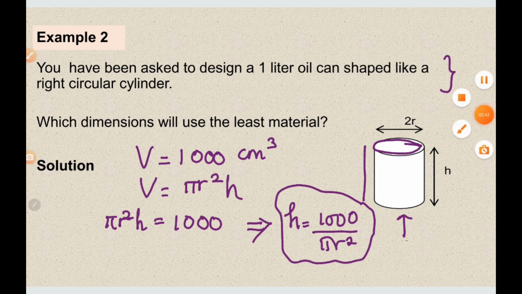Okay, the question asks which dimension will use the least material. From the question we can understand that we want to find the least material, meaning the surface area. So what is the dimension for you to get the minimum? Okay, so to get the minimum surface area, I will use A for surface area.